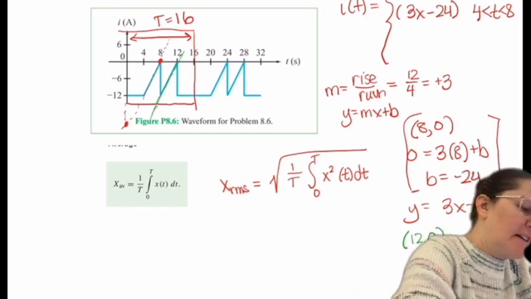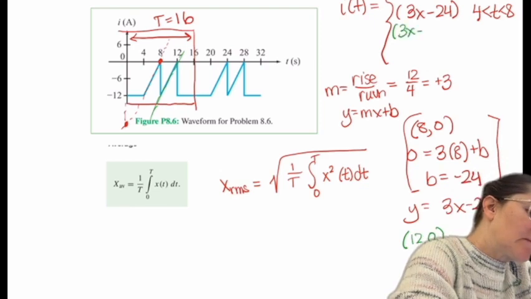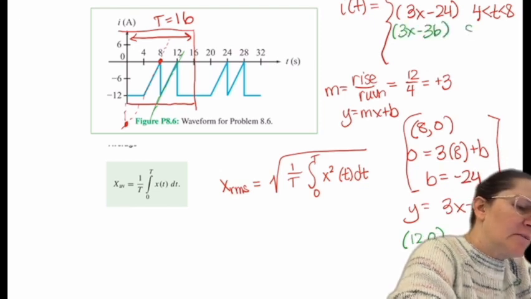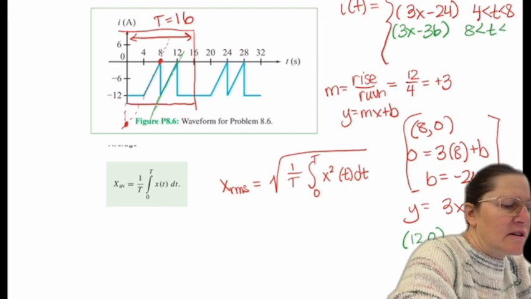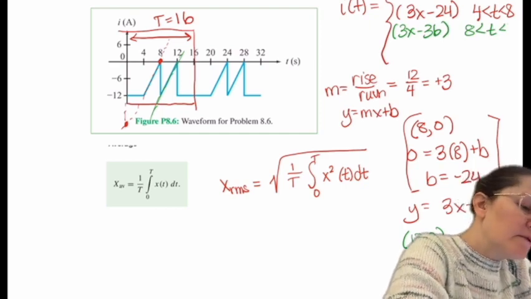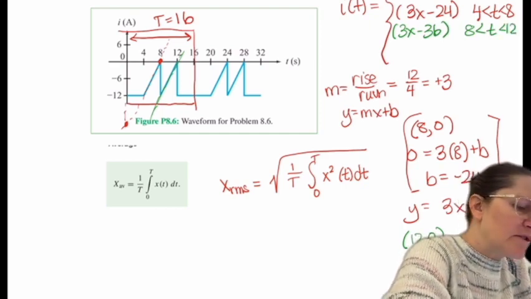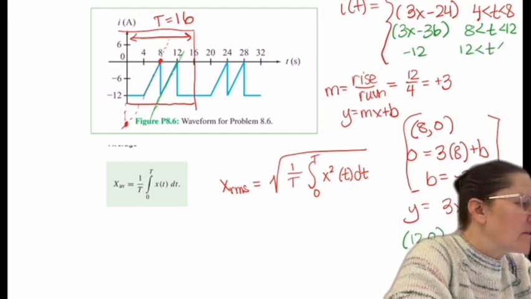Correct. So this one is going to be the same slope, minus 36, between 8 and 12. And then it's again minus 12 from 12 to 16.